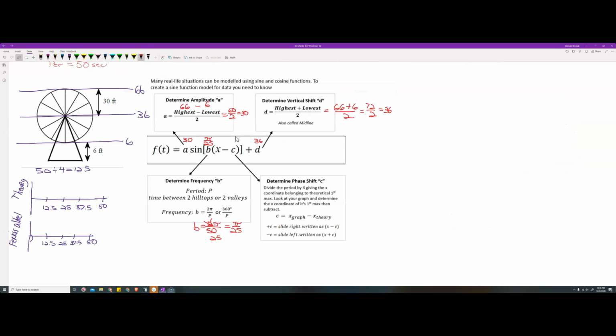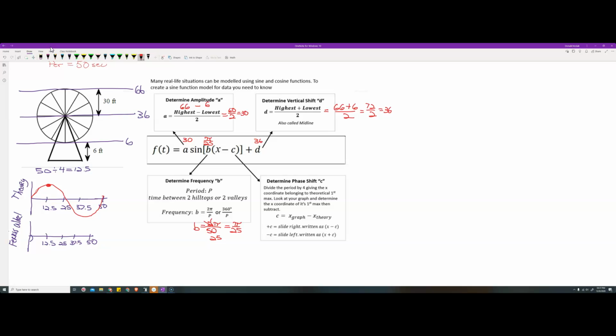All right, now to get our C value, we took 50, we divided it by 4, and we get 12 and a half. So a regular sine graph would look like this. Remember, sine starts at the origin, then it goes to its max. It's going to have its first max at 12 and a half, then back to 0, then its first min, and then back to 0.